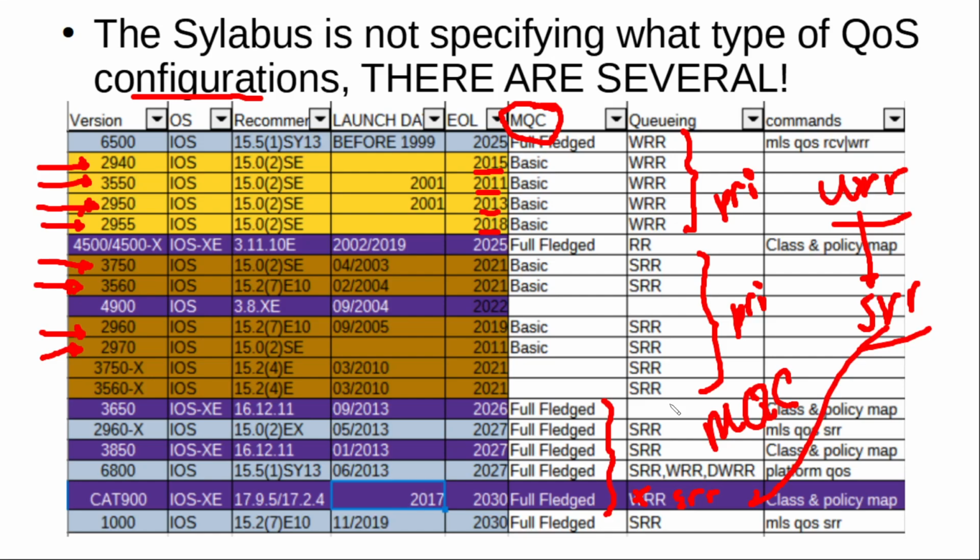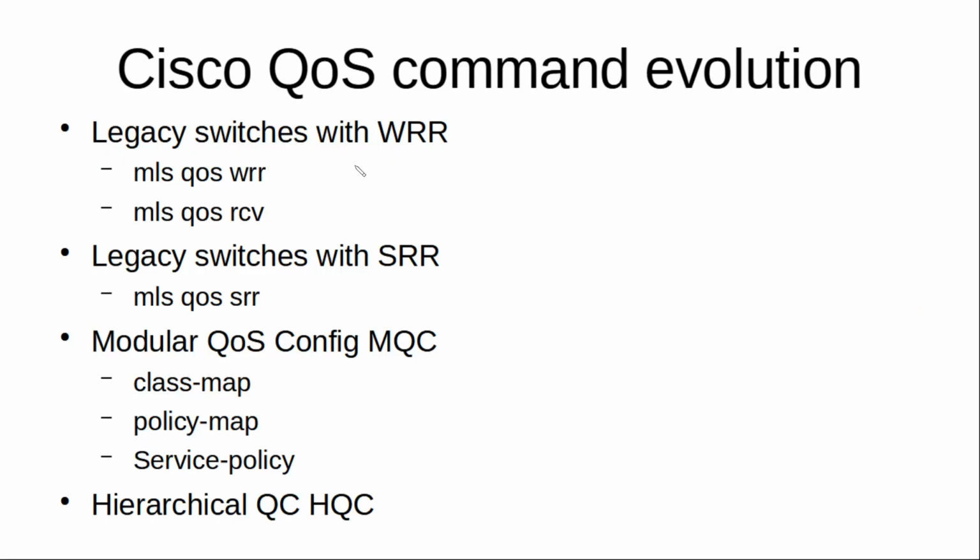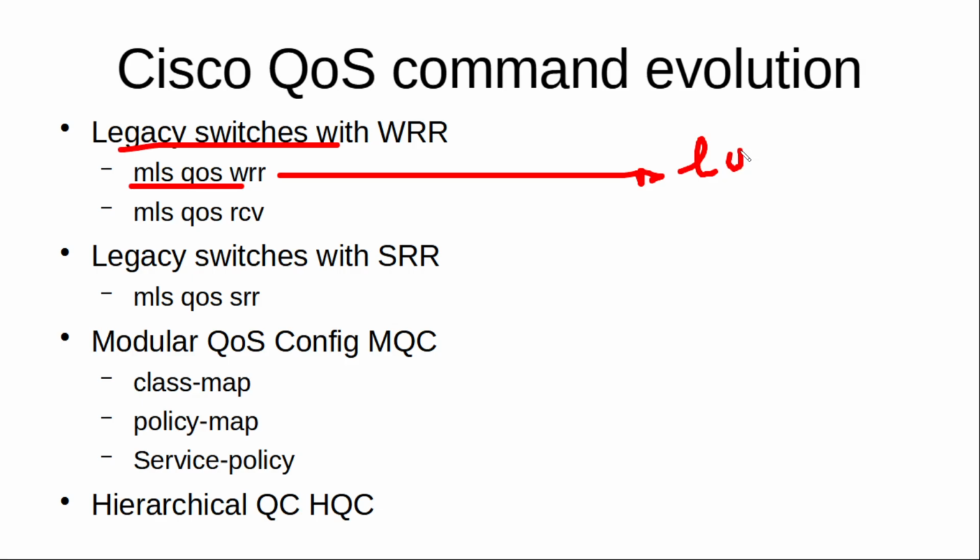So the objective of this chart is just to show you how this evolution has happened with quality of service configuration commands in Cisco. So for legacy switches, as a summary, we have MLS QoS WRR. For all these switches, you could only work with egress queues.